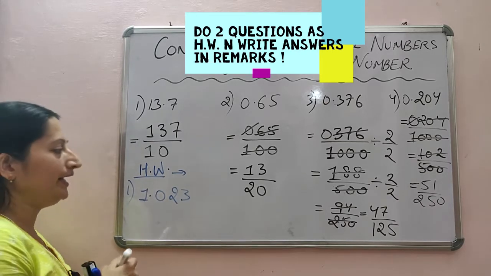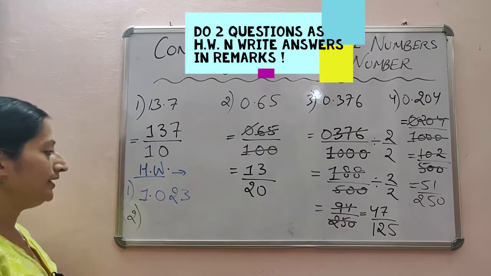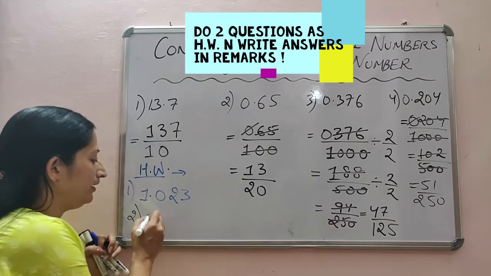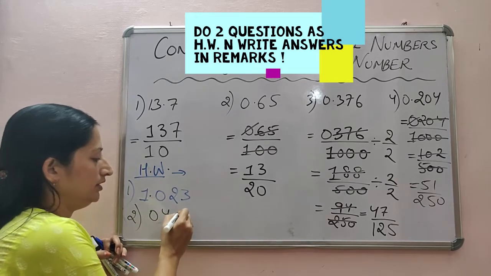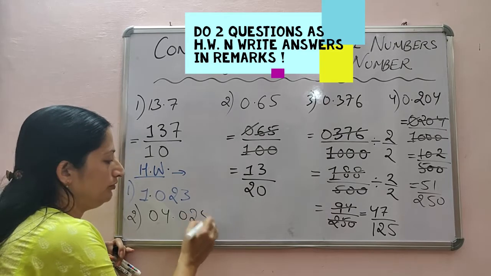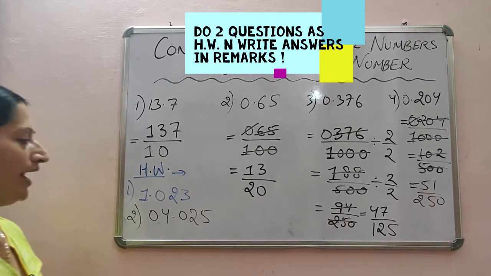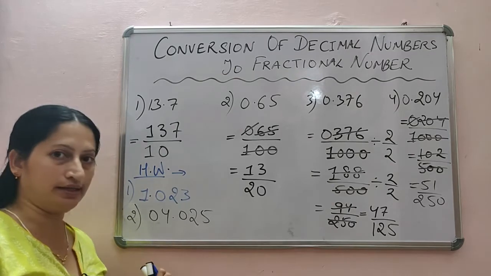Then another number, I'll give you 2 numbers today. The other number I can take is 0.4025. So I have tried to put zeros in between so as to make it a little bit tricky.